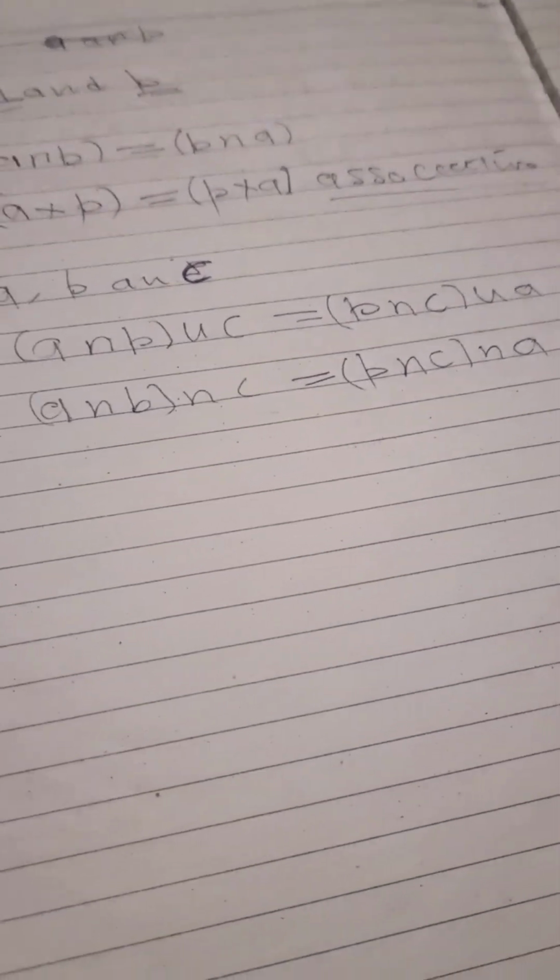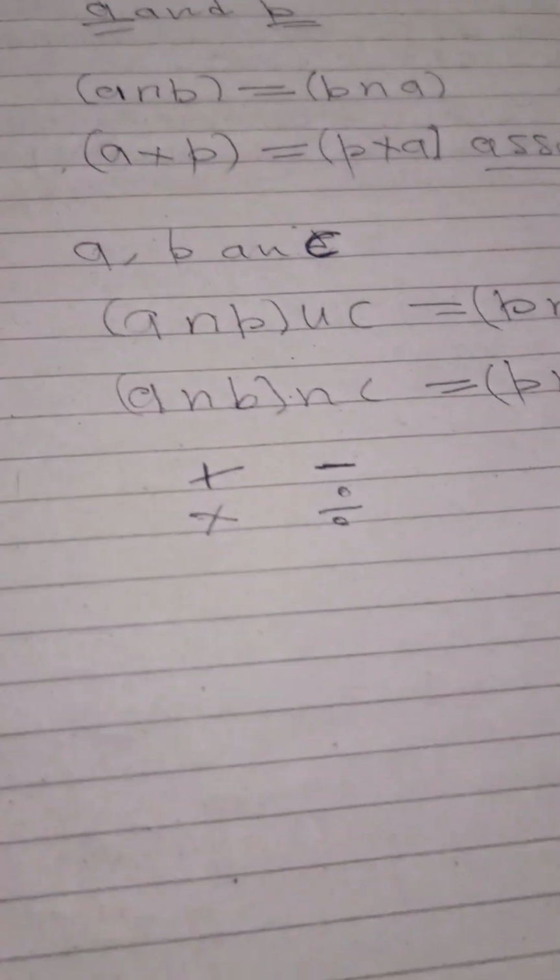Okay, having these basics, we should also be able to identify which operations, in terms of addition, subtraction, multiplication, and division, are commutative by nature. You can test these operations in mathematics.